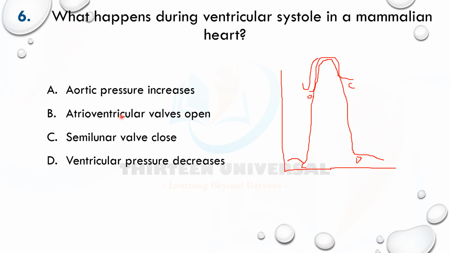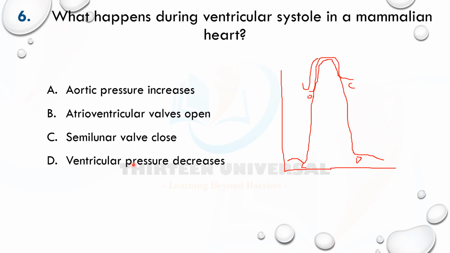But look at B, atrioventricular valve open. Now the atrioventricular valve closes here. They close here, so that blood does not flow back to the atria. Is that okay? So B is wrong. Semilunar valve closed? No, semilunar valve will open. So blood flows into aorta, and into the pulmonary artery. So these two are wrong.